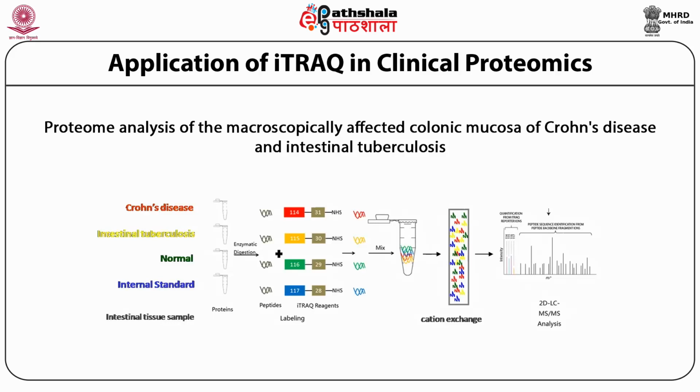During the liquid chromatography based MS-MS analysis, there is identification of the proteins by using the peptide sequence, and the quantification of the peptides is got from the fragmented and released reporter ions. This helps in identifying potential biomarkers which are differentially expressed in the two conditions of Crohn's disease and intestinal tuberculosis.